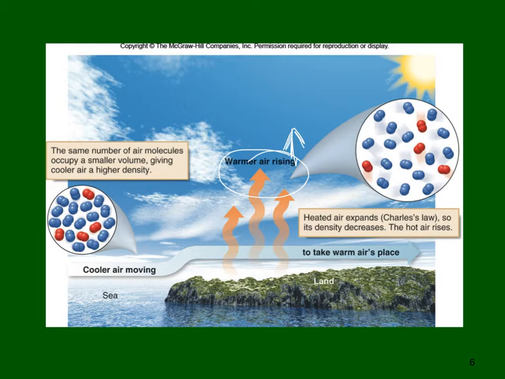So it goes up, and then cooler air at the sea moves in to take the place of the warmer air. That is one of the reasons why there's a tempering effect to living next to the ocean. The cool air from across the water comes across the land as the air heats up in the summertime.